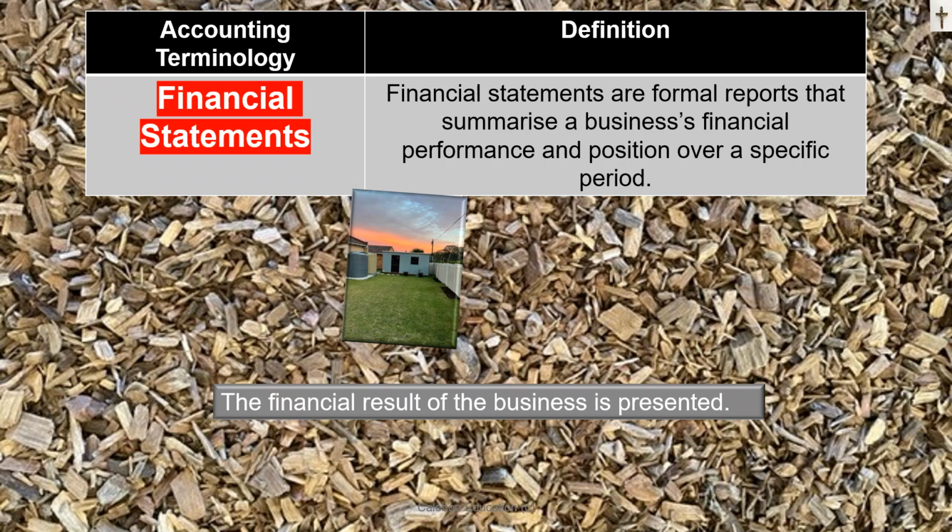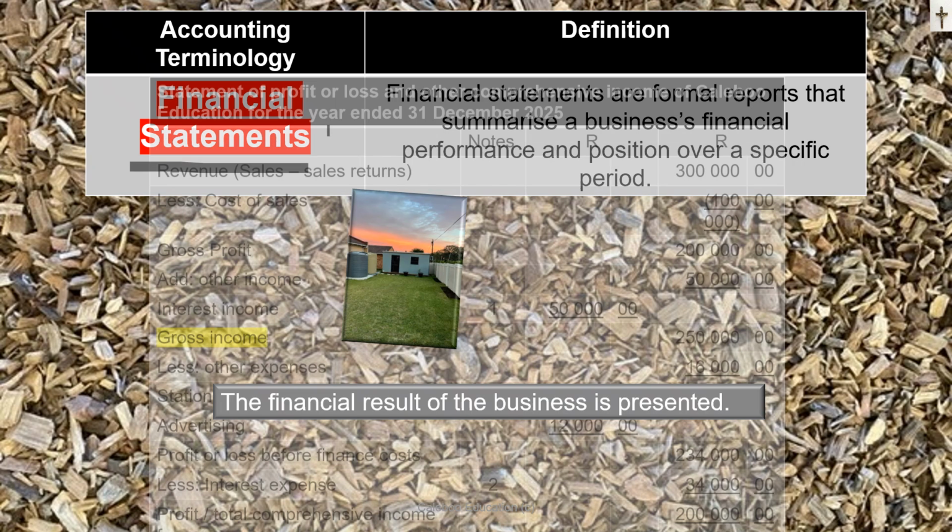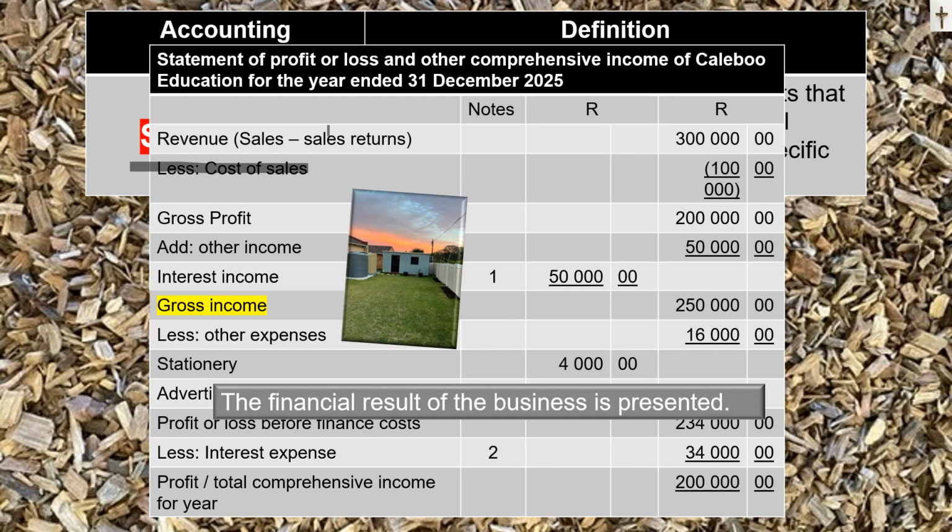Now, having said that, we can look at financial statements which are governed by the IFRS. So we're following policy when we draw up these documents. First of all, I've got a statement of profit or loss and other comprehensive income.